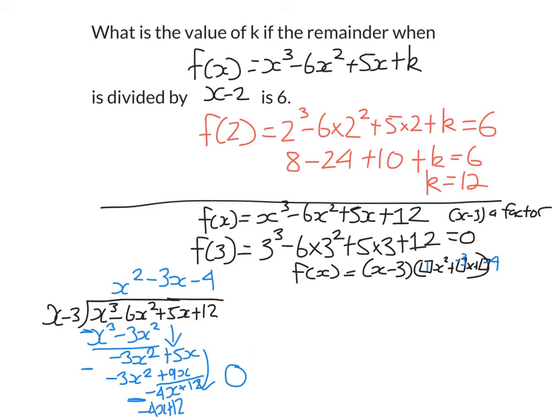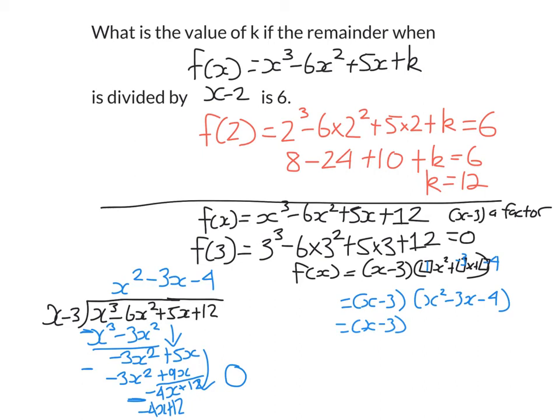So what I've actually figured out is that f(x), this polynomial here, is equal to x minus 3 times x squared minus 3x minus 4. So I've got this here is the same as that there. So what I can do is I can now factorize this quadratic here easily.